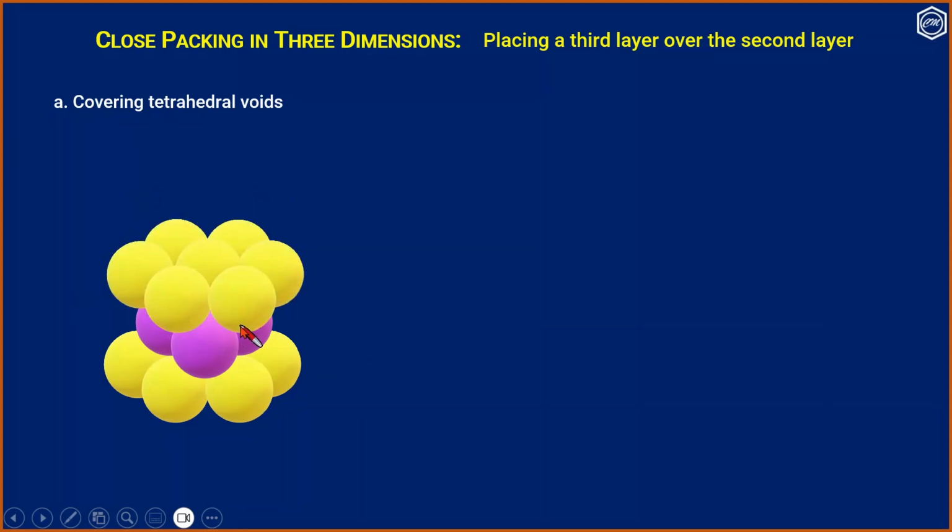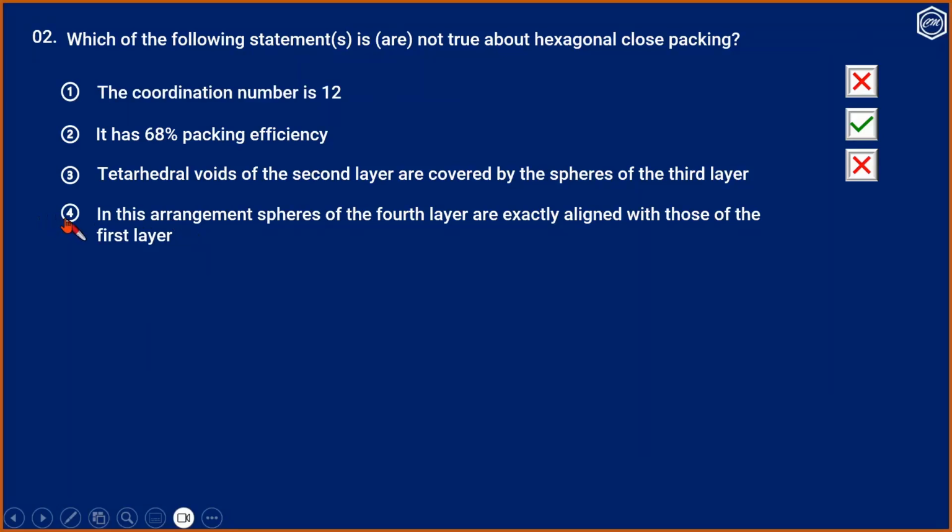First and third layer are in an aligned position. Now the fourth layer, and that is not aligned with the first one. So this statement is wrong. So the answers are option 2 and option 4.